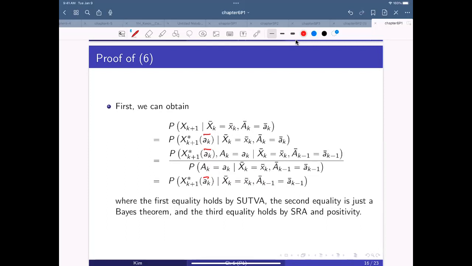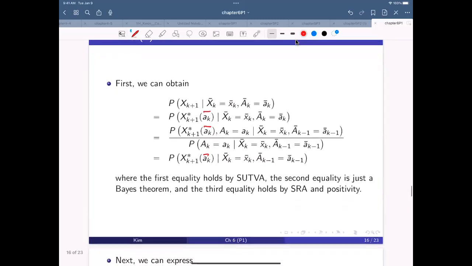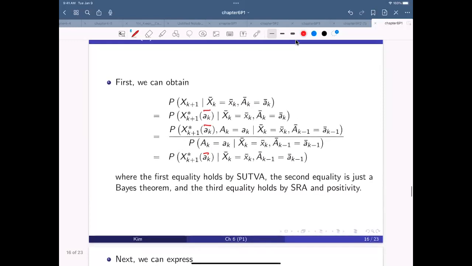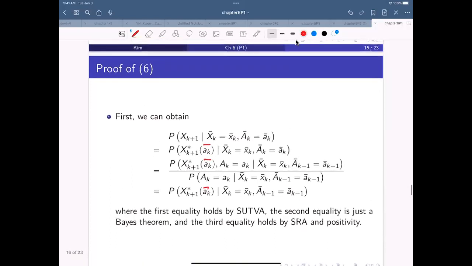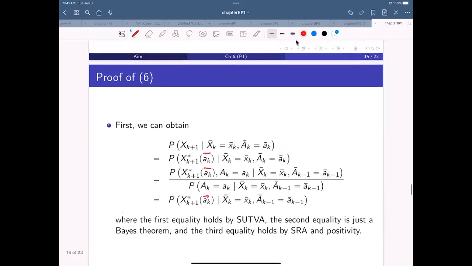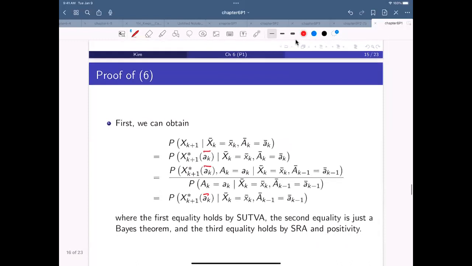Then this can be a product of the two probabilities and then cancel, so that you have this one. And now we haven't really proved it yet. If you look at this one to this one, we just changed this one to the potential outcome, and we just removed one AK, the final AK.